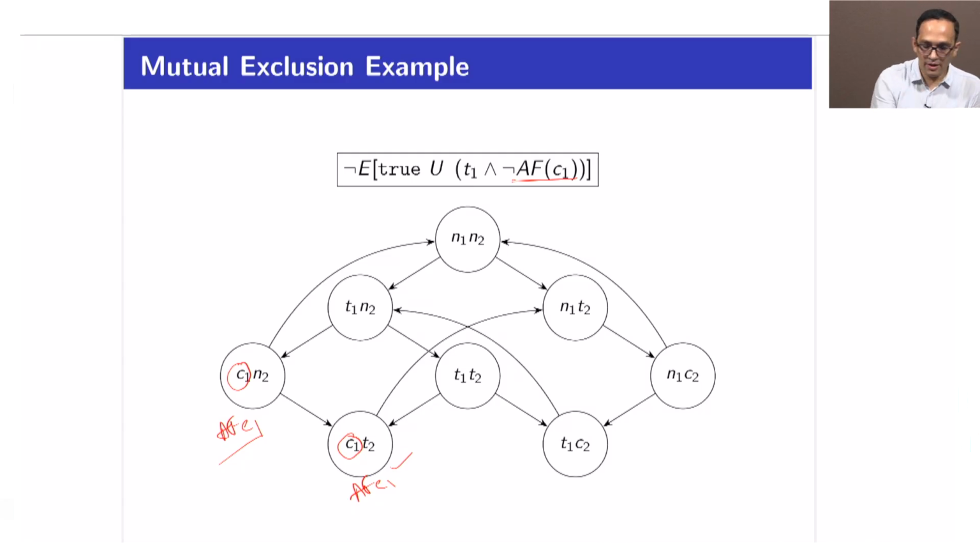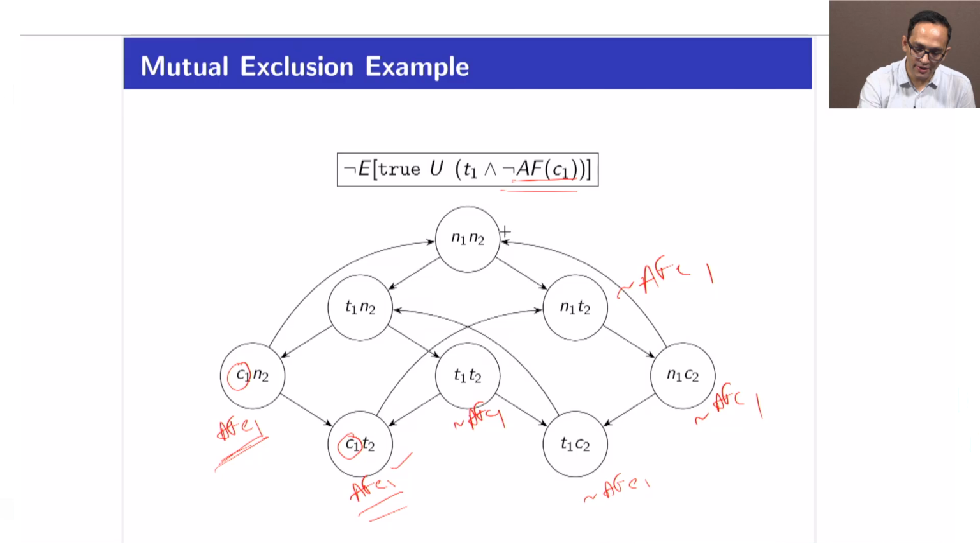Now I have to take the next part of the formula, which is the negation of this, right. The states where AFC1 does not hold, those states negation of AFC1 holds, right. So basically negation of AFC1 holds in these 6 states. Now I have to check the formula, which is T1 and negation of C1.